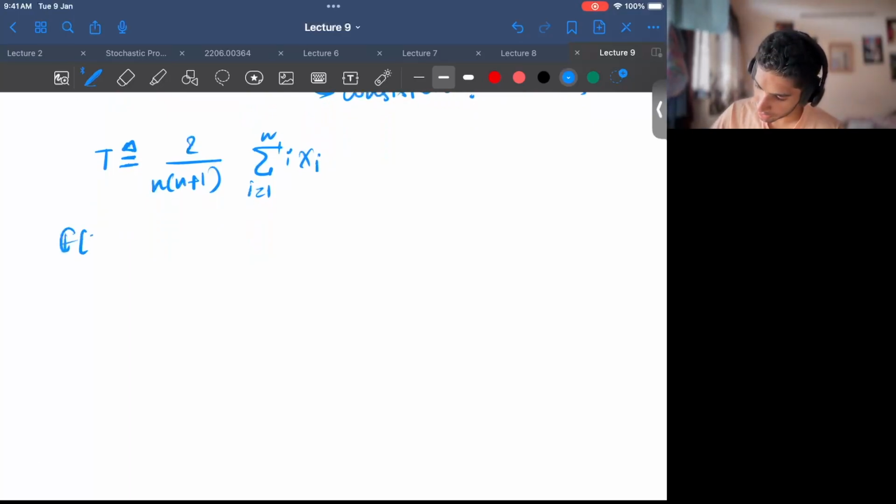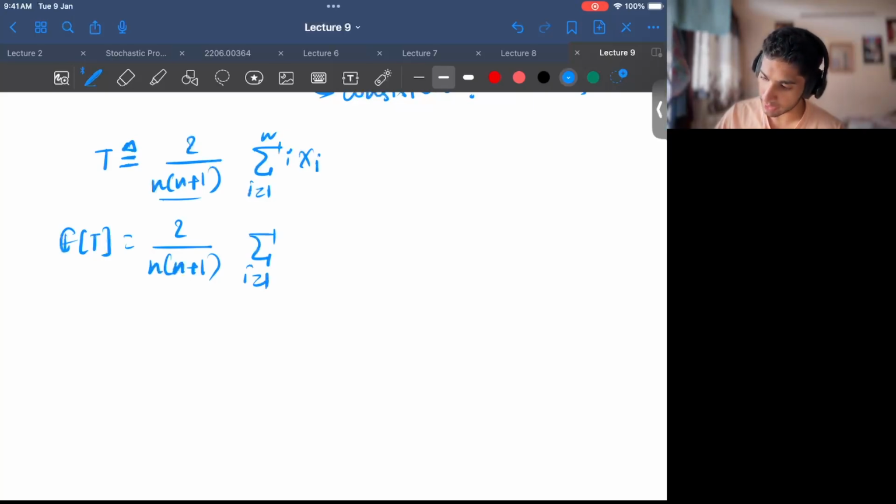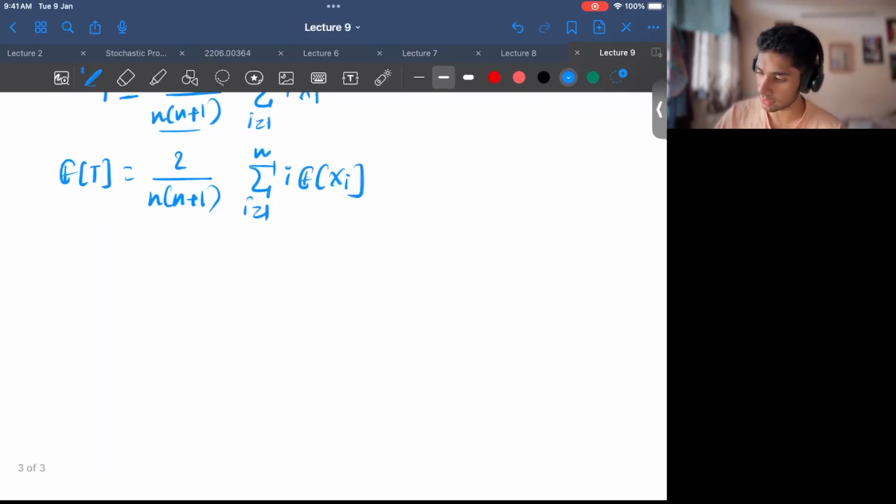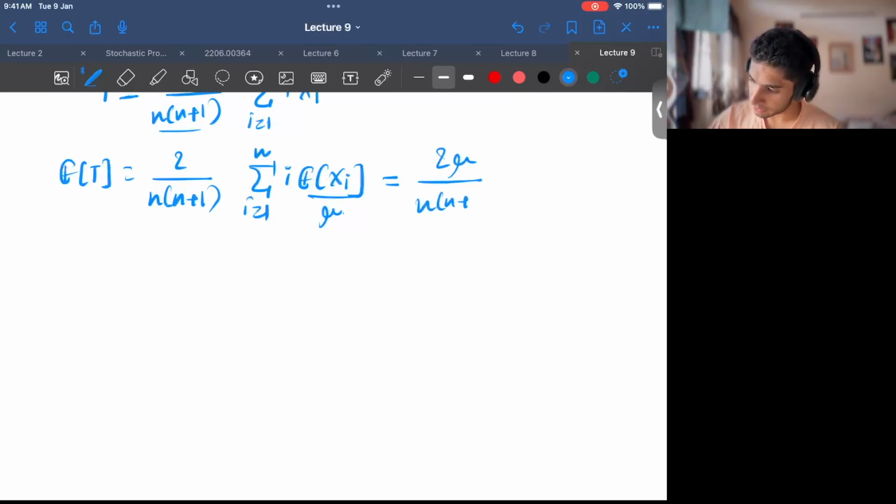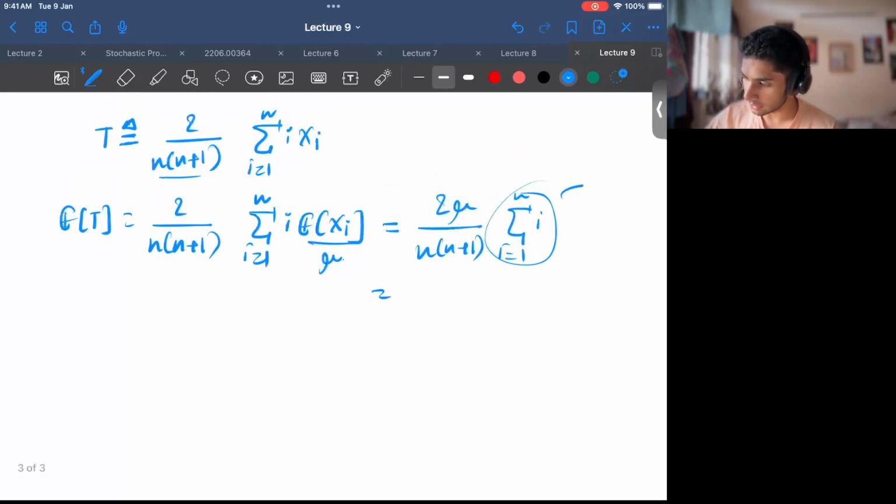So the expected value of t will be what? This is a constant, so 2 over n into n plus 1 will come out. Summation over i, by using linearity of expectation, i times expected value of xi. This is given to us to be mu. So mu will come out because it is constant for all i. So this will be 2 mu over n into n plus 1, summation over i equal to 1 to n of i.